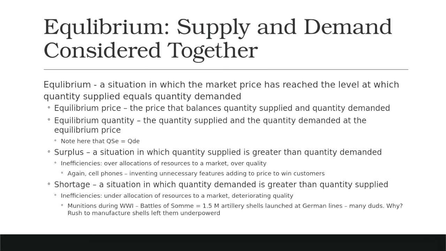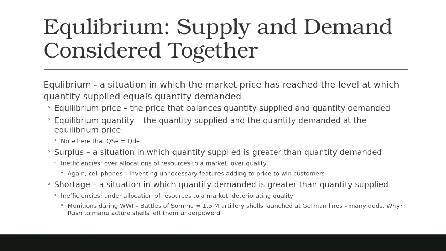And then they launched this massive charge, hundreds of thousands of British men charged the German lines to absolute disaster. Why? Most of those artillery shells were duds. Instead of the German line being battered after this huge barrage, they were completely fine, and it was considered one of the greatest disasters in British military history.